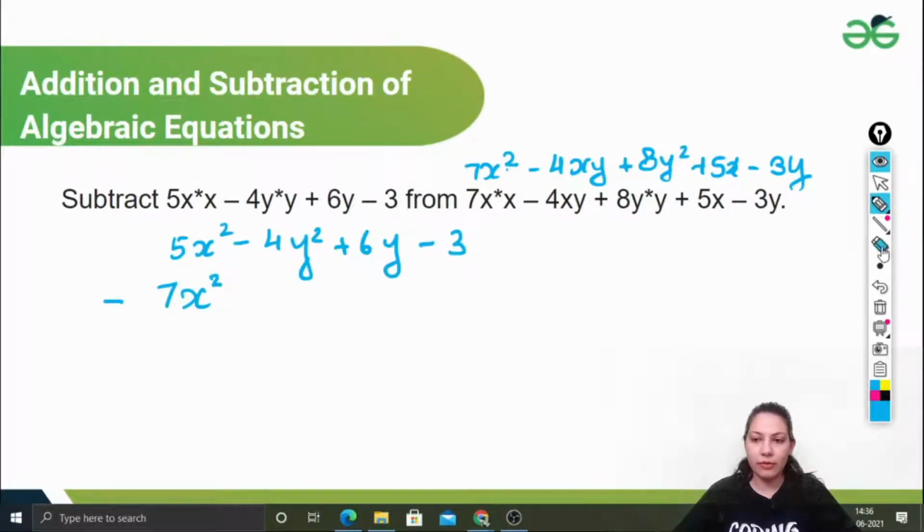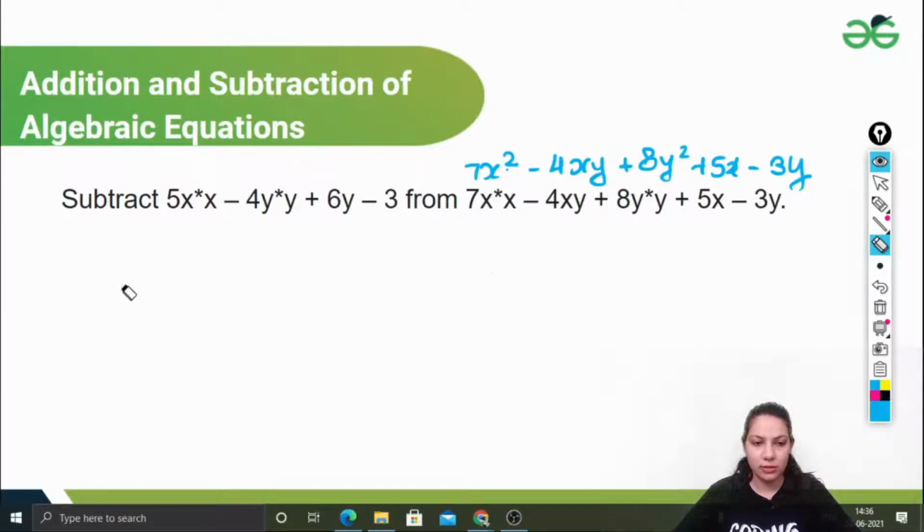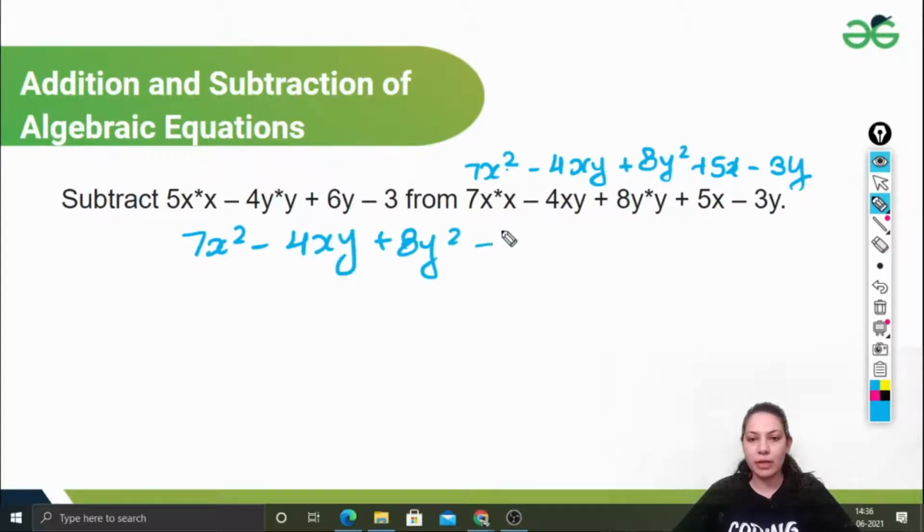So firstly, instead of writing this down, we'll write over, okay, let me erase this. So firstly we have to write this: 7x square minus 4xy plus 8y square plus 5x minus 3y.